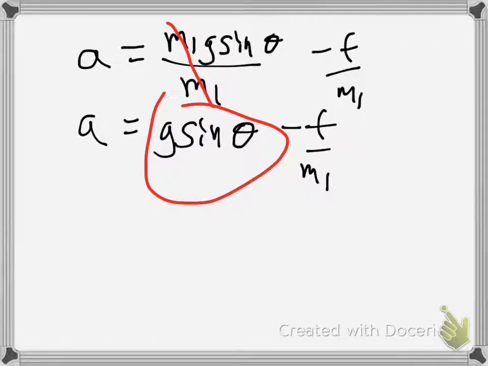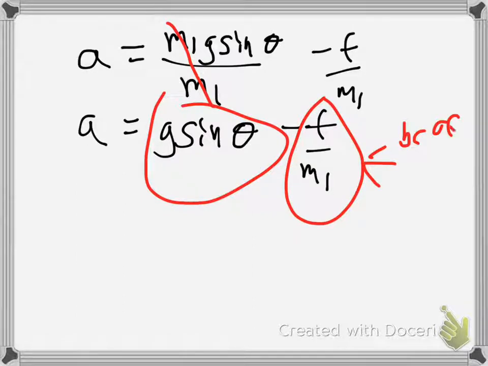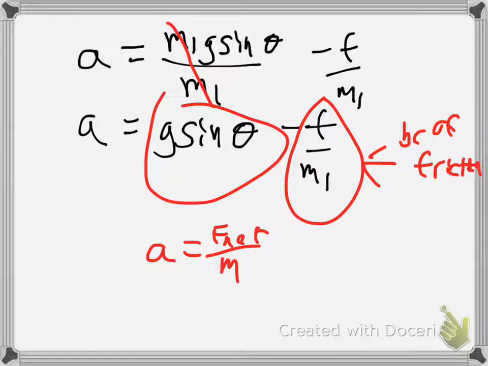Okay, if there was no friction, it would just be G sine theta. So analytically, this part is because of friction. And think about it. What is acceleration? It is equal to F net over M, right?